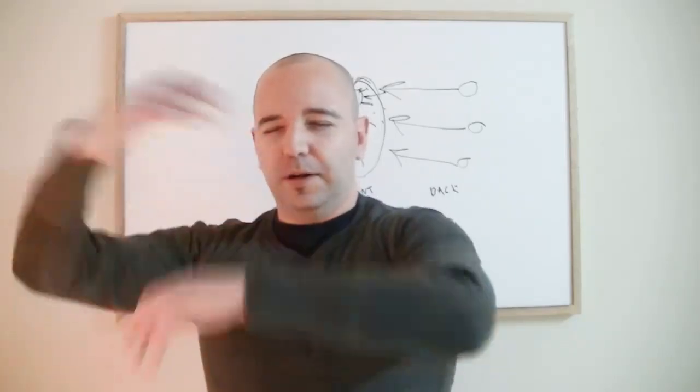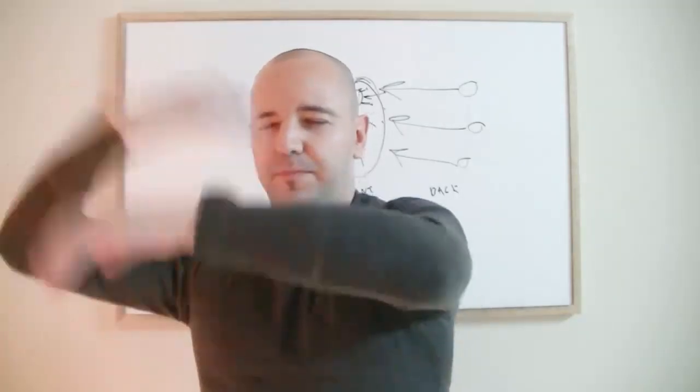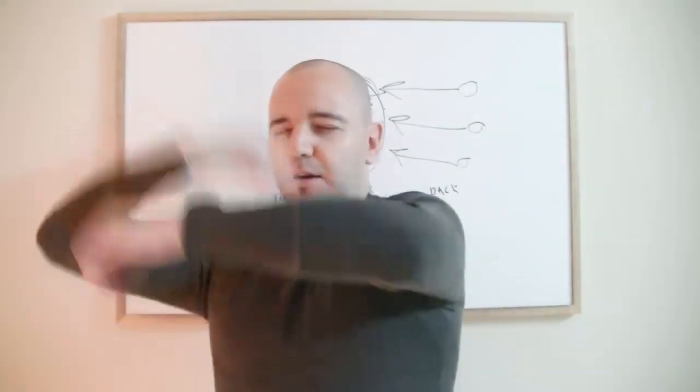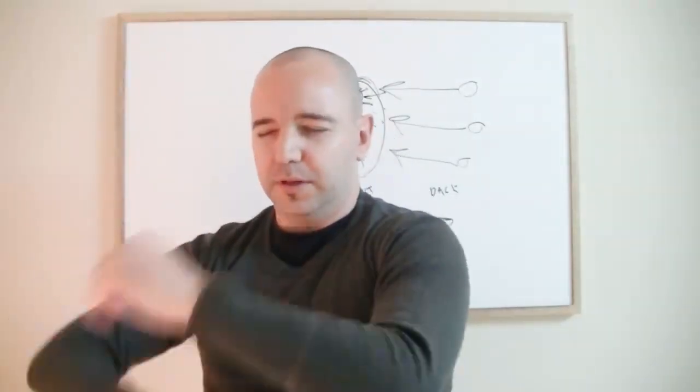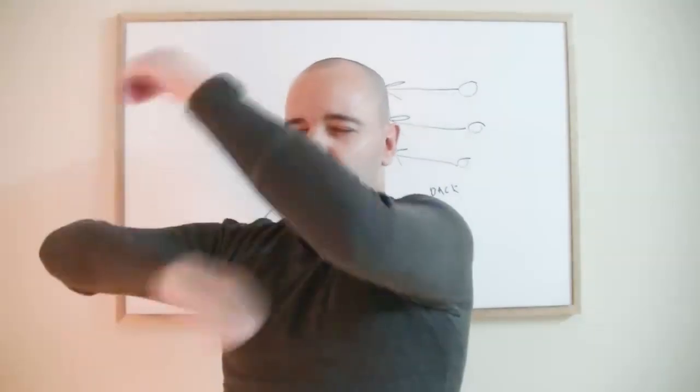You're going to go all around and swirl that entire area. You're creating a counterclockwise swirling with your arms, and you're going to run it up and down a total of 10 times. 6, 7, 8, 9, 10.